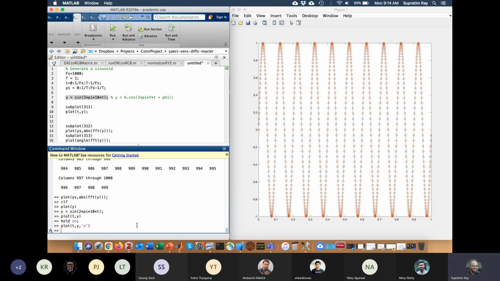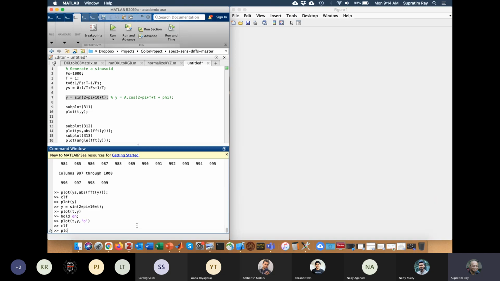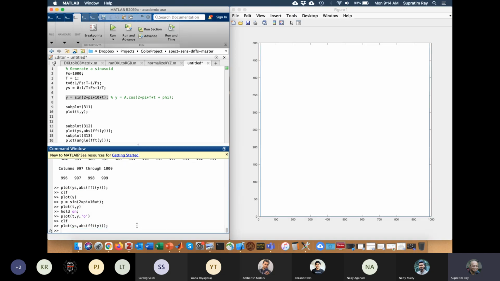Now, the question is, if I take its Fourier transform, let me just do that. Plot abs fft ys. Right now it has a peak at 10, which is what it should be because it's a 10 hertz sinusoid.